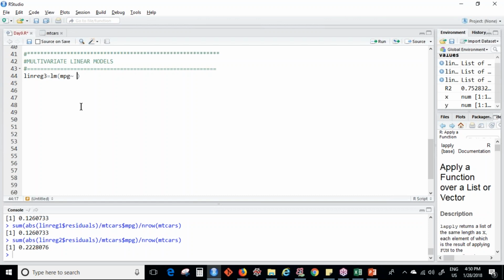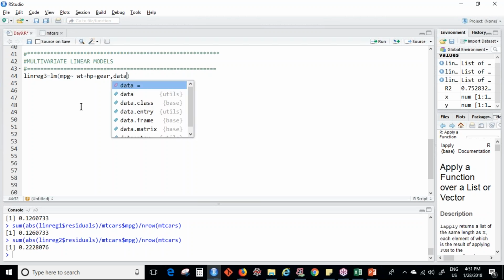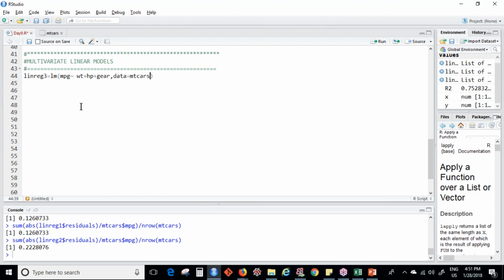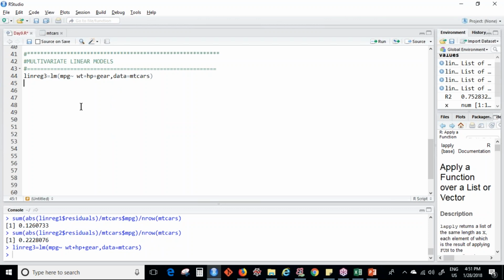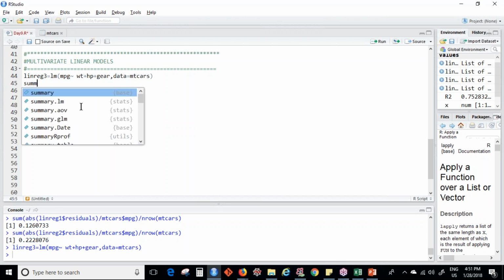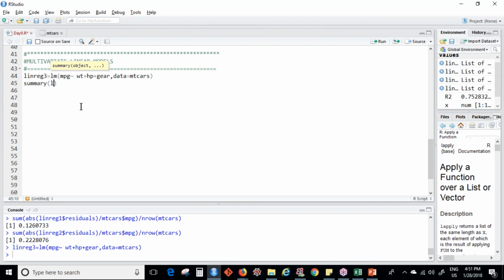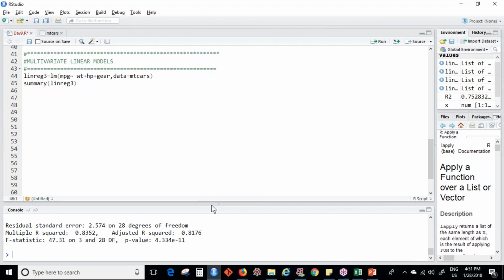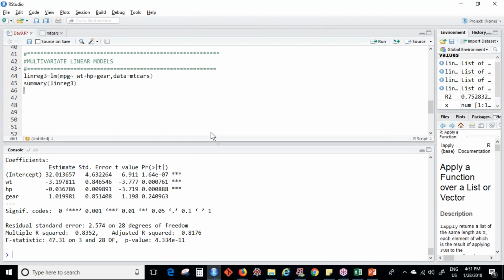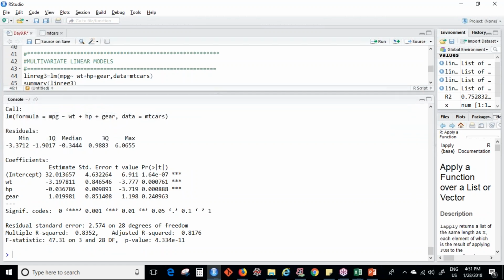And then I will take weight, let's say I will take horsepower, and let's say I will take gears, the number of gears. I will give data is equal to mtcars, and I will run this. Okay, so the model is done. I will just write summary and see the summary output of linear regression 3 now. So I run this, I get something. Okay, so let's study the output now.